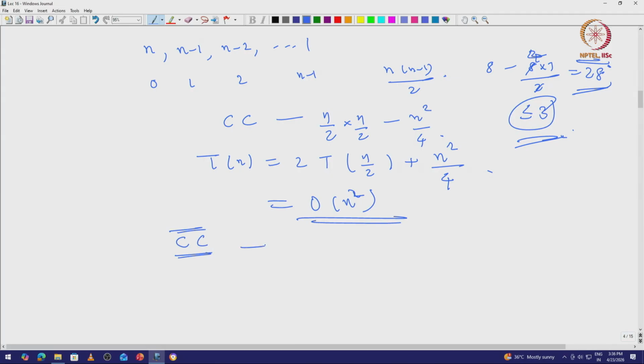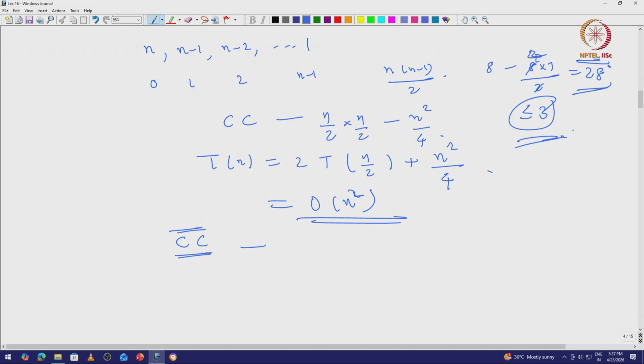Cross count computation requires you to find all the larger elements in the left. Okay? That is what we did for 5. What are all the elements in the left? This you are doing by examining all the items. Suppose the items are sorted, okay?